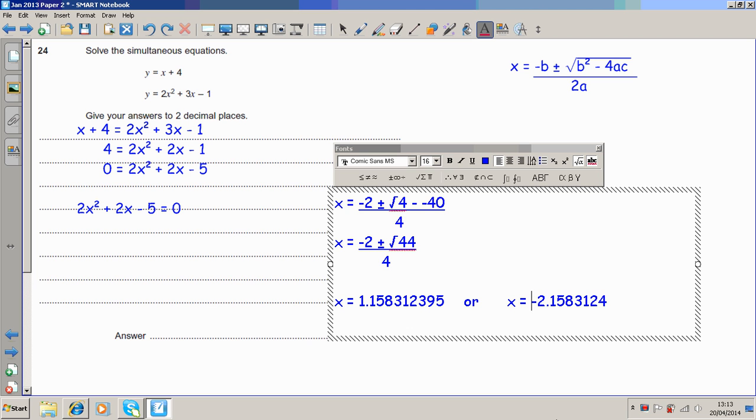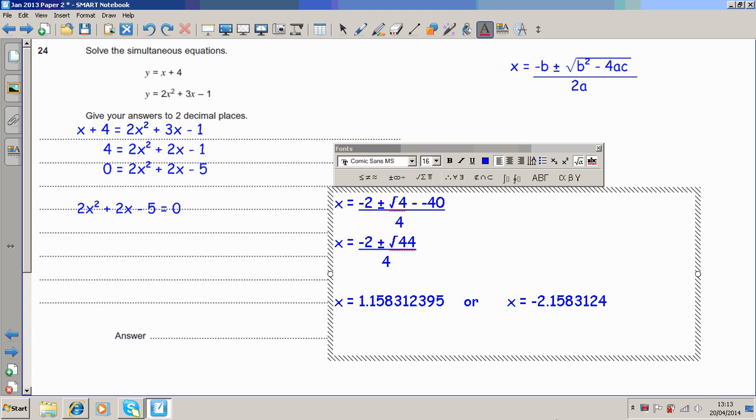So they are the values that x could be. I will now need to round them to something sensible, so we'll go 1.16, minus 2.16.